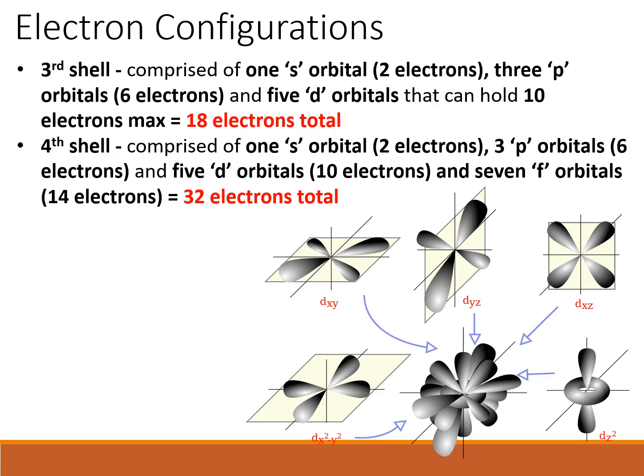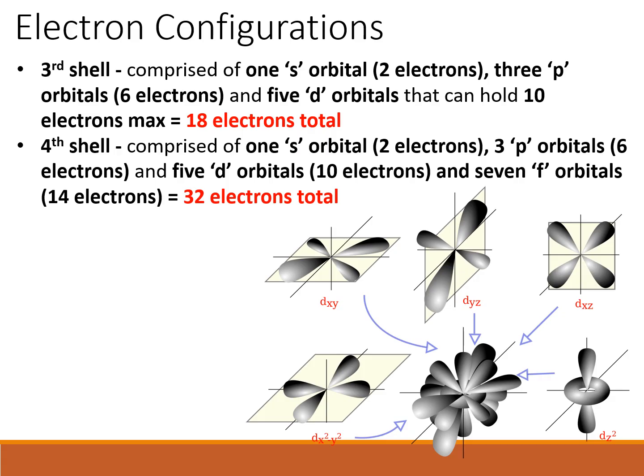So there are 18 electrons found in the third shell. Go out one more to the fourth shell. We've got s orbitals, p orbitals, d orbitals, and f orbitals. Each orbital again holds a pair. 32 electrons total. So what do we have? First shell, 2 electrons. Second shell, 8 electrons. Third shell, 18 electrons. Fourth shell, 32 electrons.